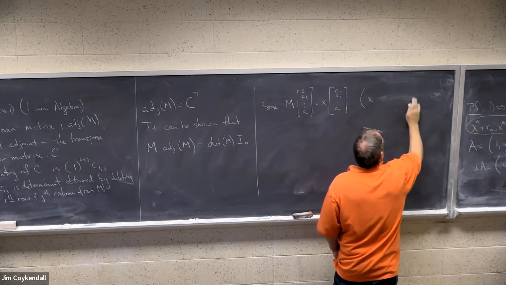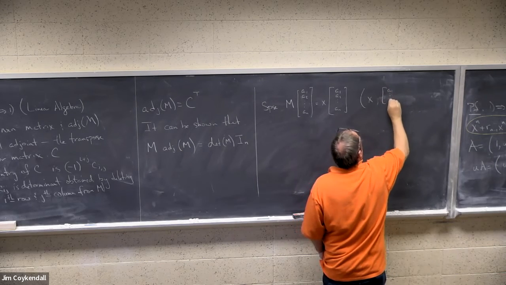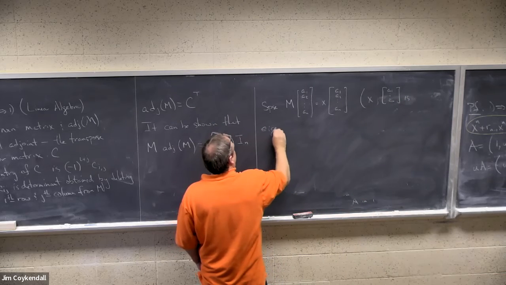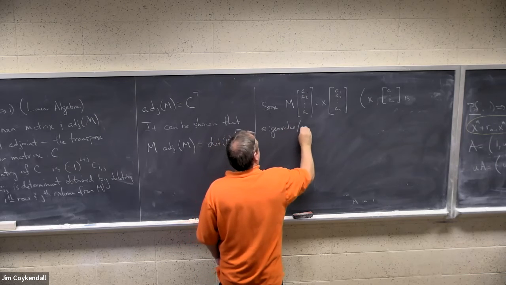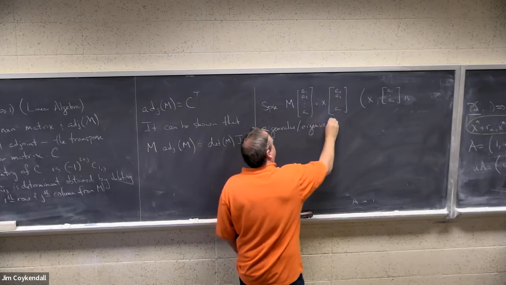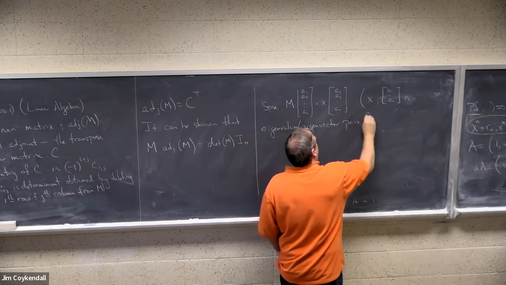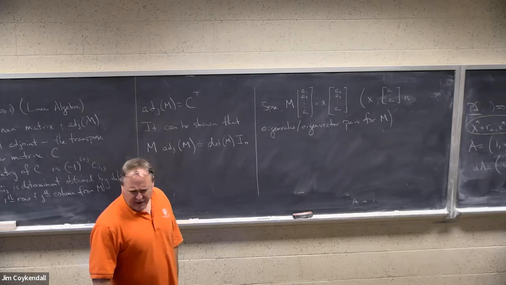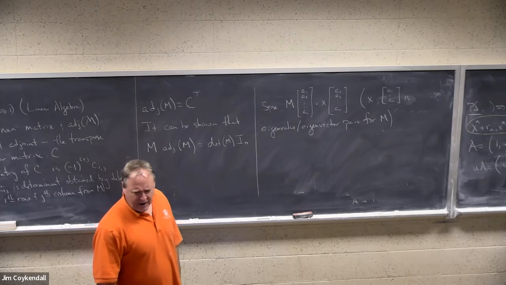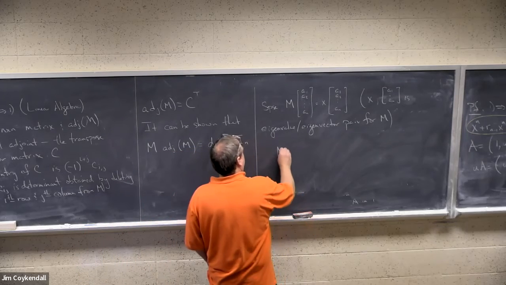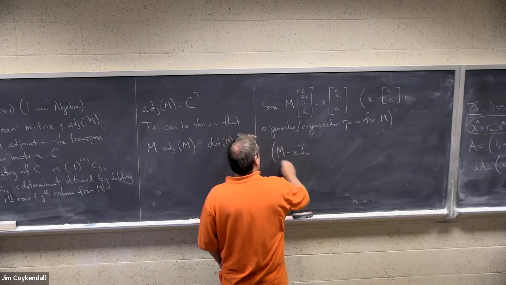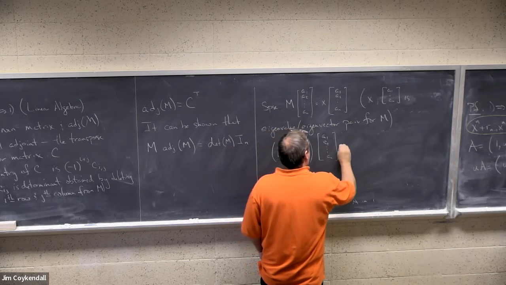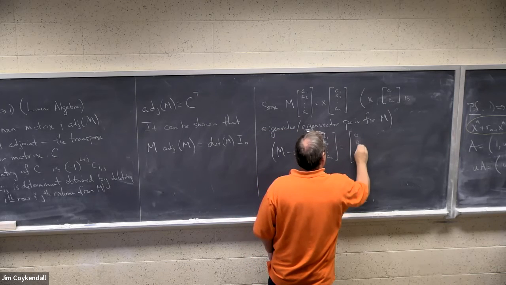Well, let's say x with (a1, ..., an) is an eigenvalue-eigenvector pair from matrix M. Then what we have is (M minus xI) times that vector is equal to 0.